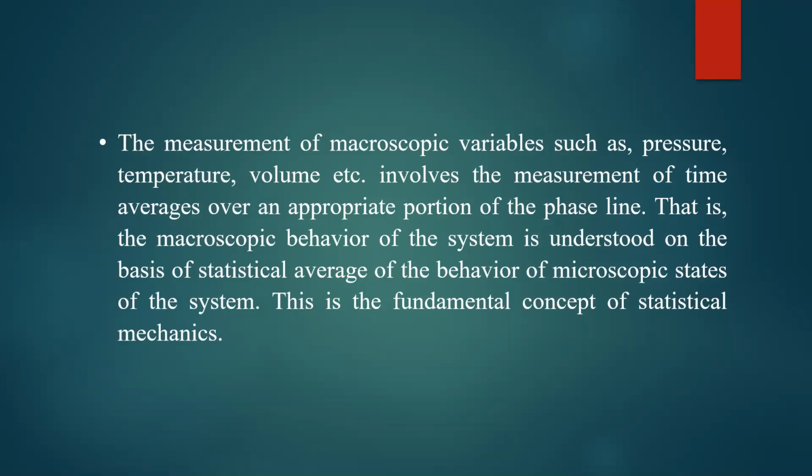Suppose you want to find the volume of the system. To find the volume, suppose there is a balloon, and let us take that the balloon is continuously expanding and contracting. Suppose the balloon is falling from above to the ground.